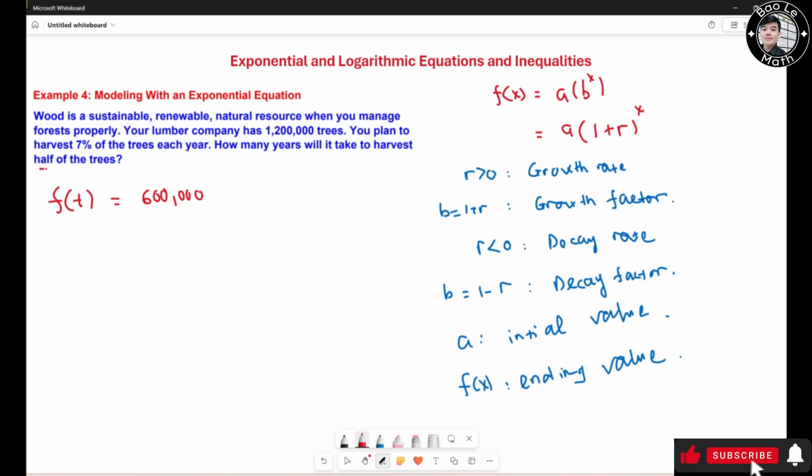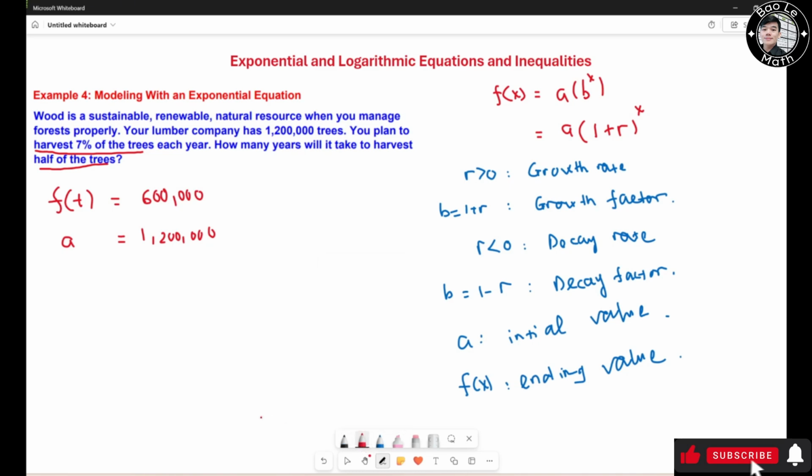Because it is half of the trees, so the initial value is 1,200,000 trees. Now we look at this one, we see that we have a 7% decrease of the trees each year, which means the number of trees is reducing every single year.